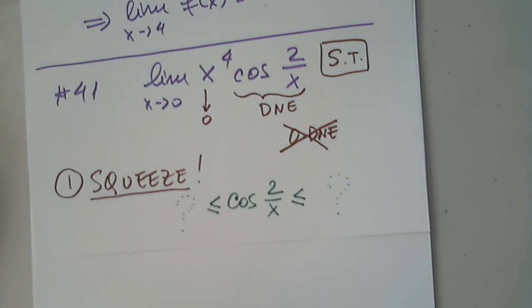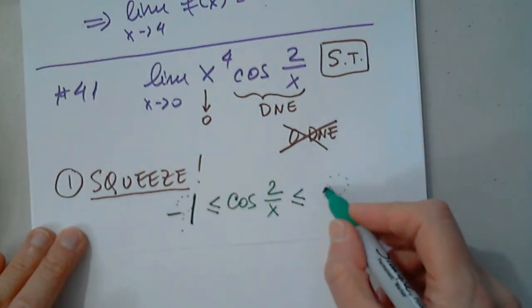For any cosine of any angle, values of cosine. What is the smallest possible value for cosine? What is the largest possible value for cosine? Negative 1 to 1. Very good, thank you. Negative 1 and 1.